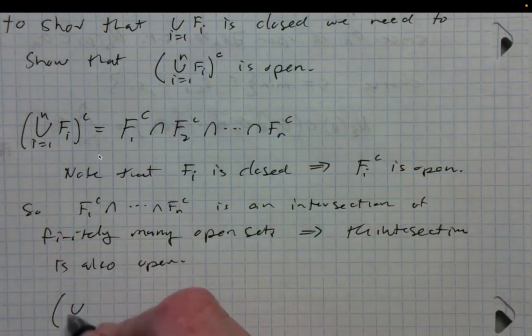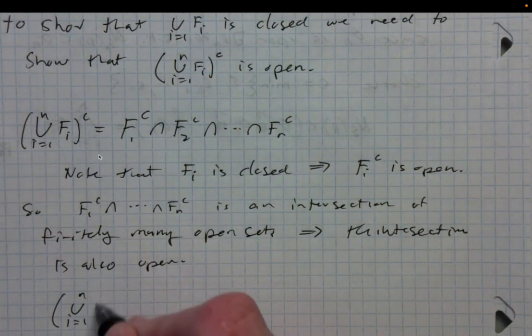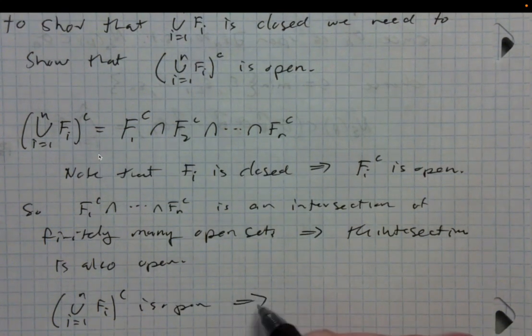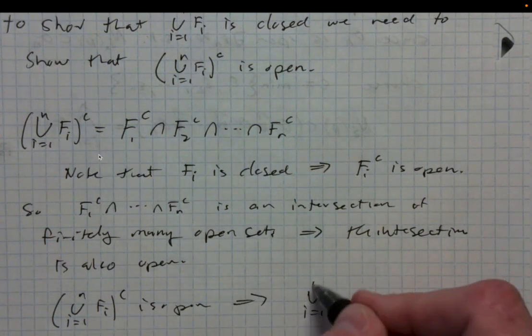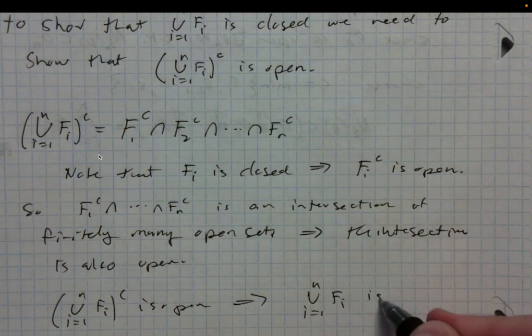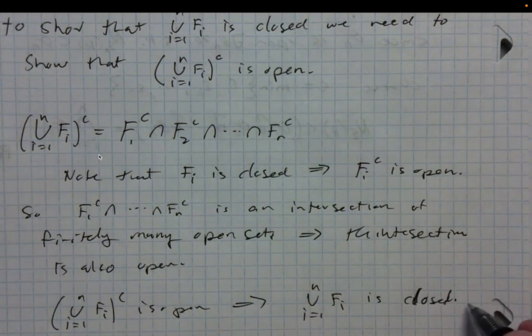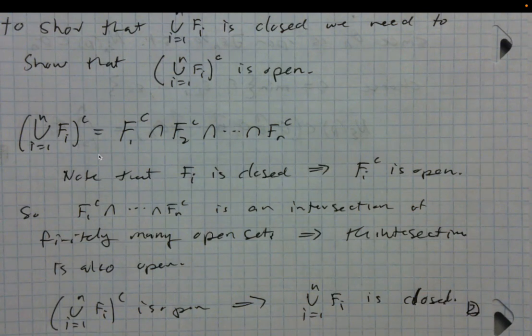So if the intersection from i equals 1 to n of F sub i complement is open, then the union from i equals 1 to n of F sub i is closed. Right, and so that's the proof. We just need to be sure that the collection is finite.